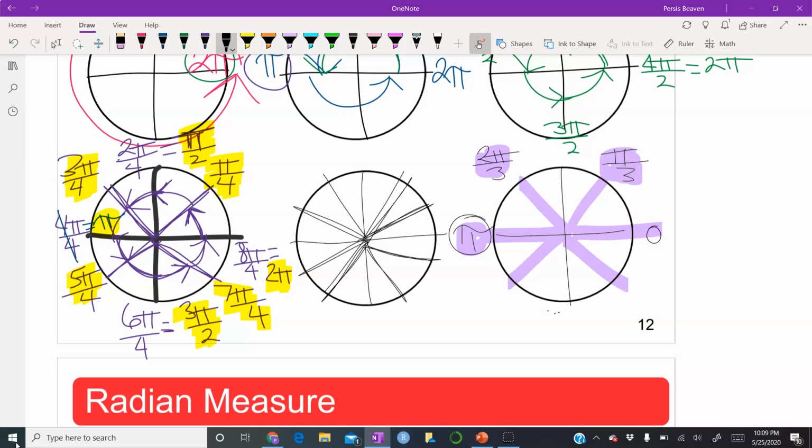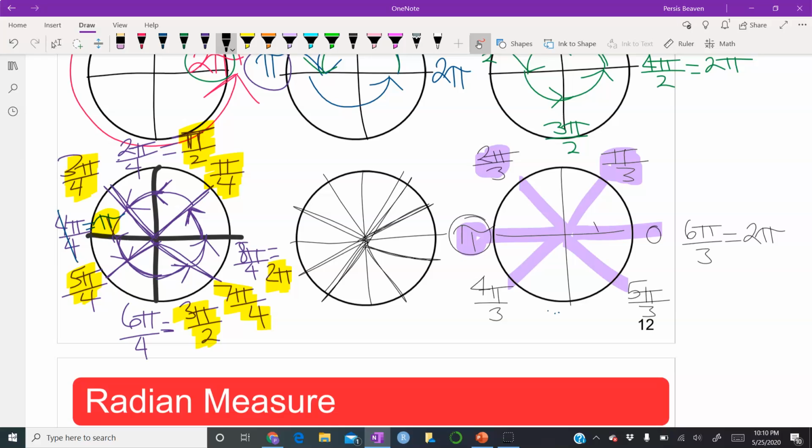Pi is going to actually be 3 pi over 3, but it reduces to pi. The next one will be 4 pi over 3, and the one after that will be 5 pi over 3. And then the very last one will be 6 pi over 3, which we already know is equal to 2 pi.